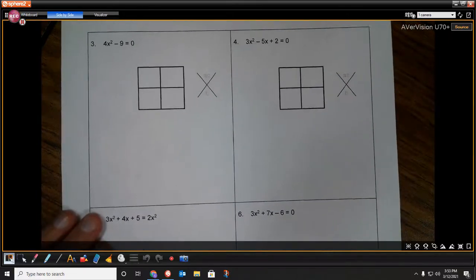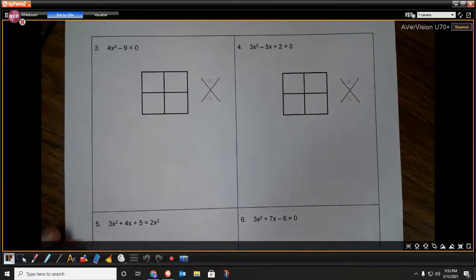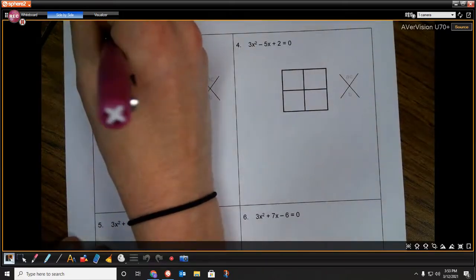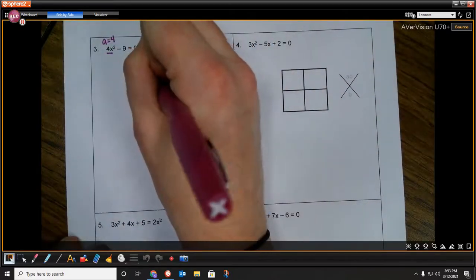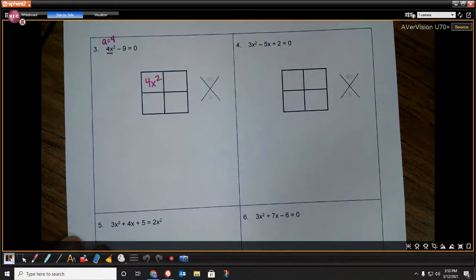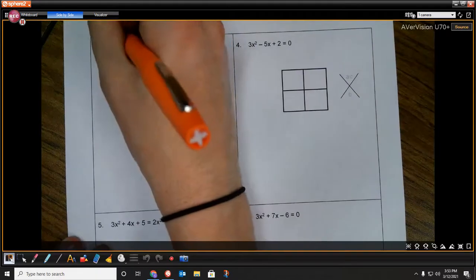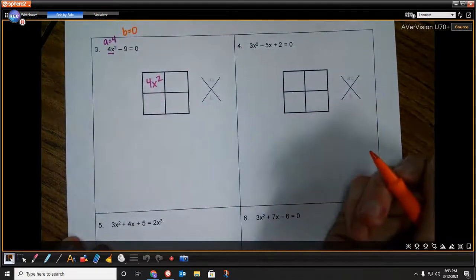So for number 3, we are going to identify our A, our B, and our C. Our A value in this case is 4, so I'm going to say 4x squared. Our B value, there's no x, so that means that our B is equal to 0.